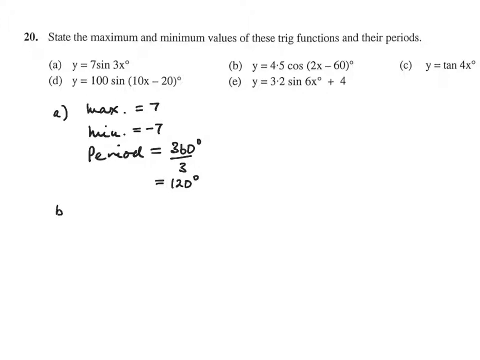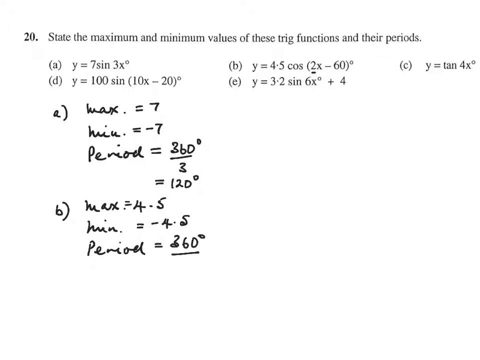Part B, the maximum is 4.5, the minimum is -4.5, and the period of the cosine function is normally 360 degrees.